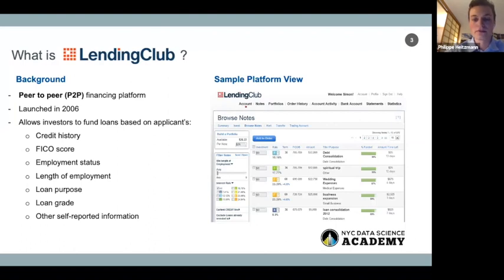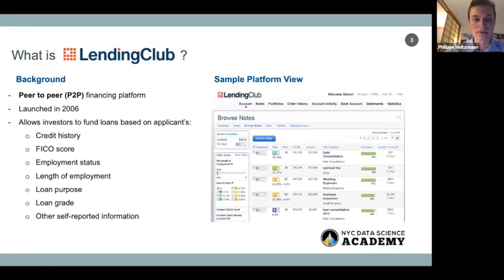Here on the right is a sample view of the platform where you can see different loans that are posted by users, where they post the title and purpose of the loan, the loan amount, what FICO score the applicant has, and the term of the loan, among other information that's available to all the investors on this platform.